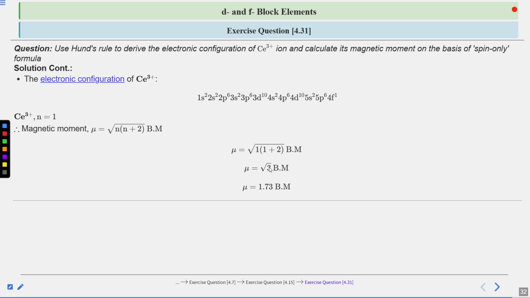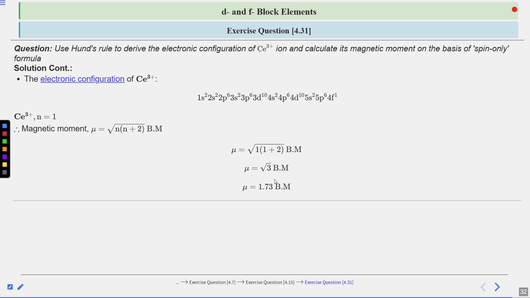I can tell you one trick here: you know that under root 4 will be 2, right? 2 times 2 is 4. So under root 3 is very close to under root 4, and it will be lesser than 2. So it will be 1 point something, greater than 1.6 or 1.7.